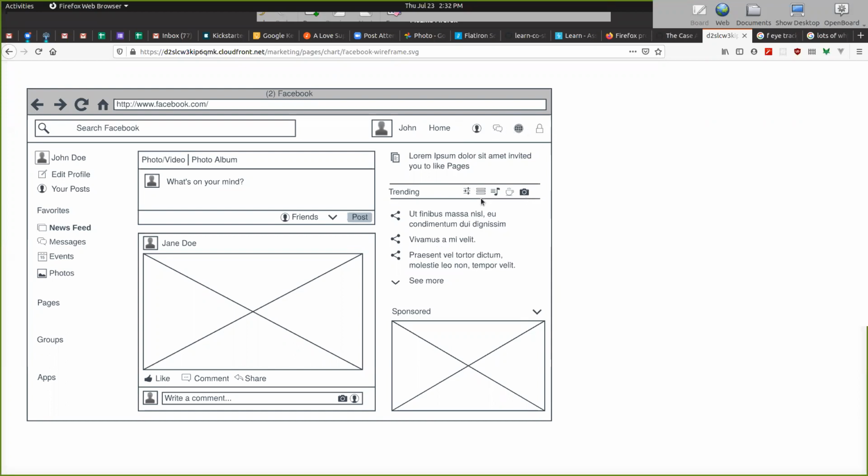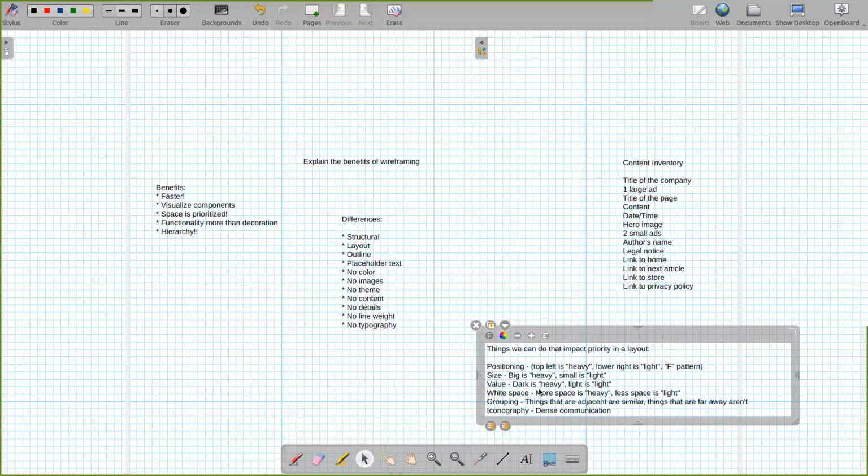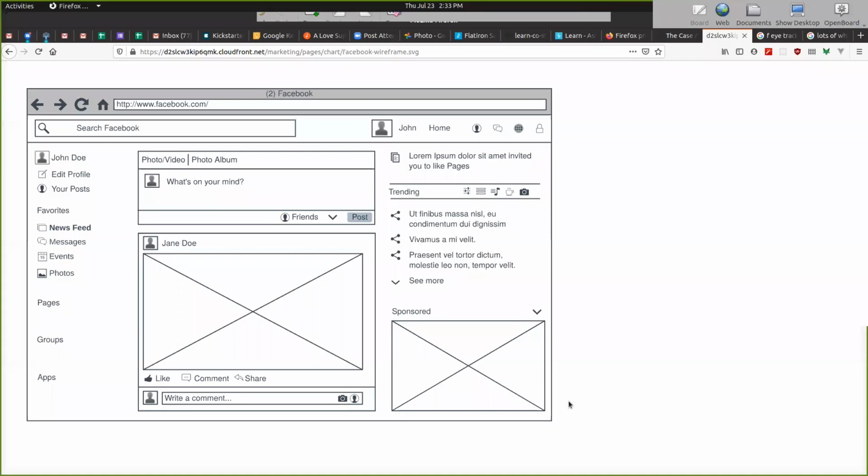Or these things. But imagine if you had to write all of those things out as words. That takes up a lot of space, and then we start running up against all of these other things. Really dense communication. Same thing with this.